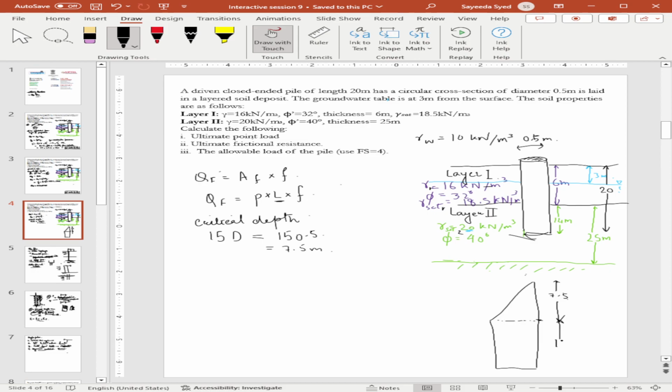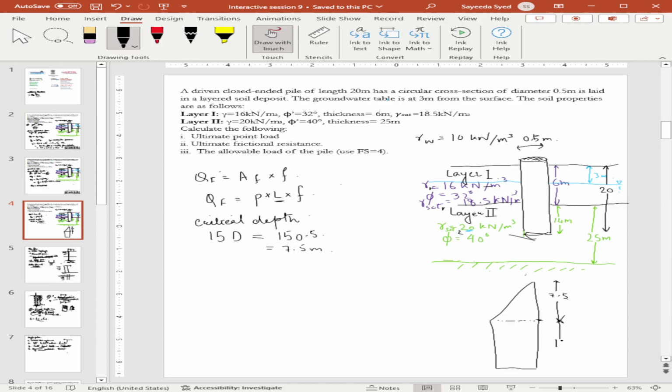Excuse me. So it will be the same thing, but what we can do is take the average of the frictional resistance here, because we will be dividing it by 2, and the full frictional resistance here.